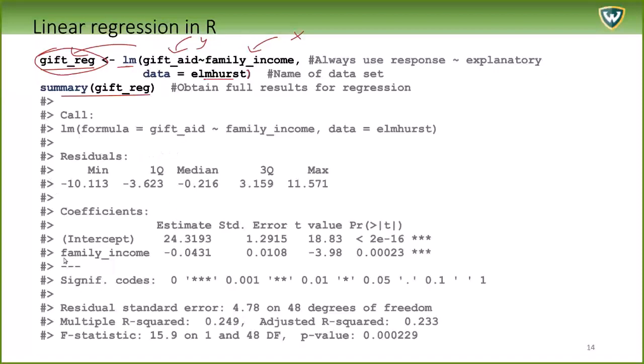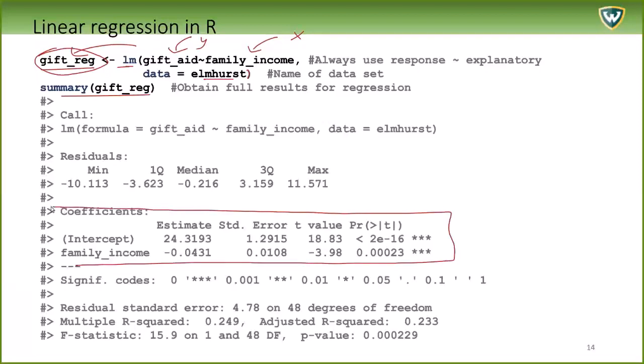So this is all the results of it. There's a lot of information here. I want to focus on this part over here. This is the main results. The coefficient is the beta, that slope of the line.